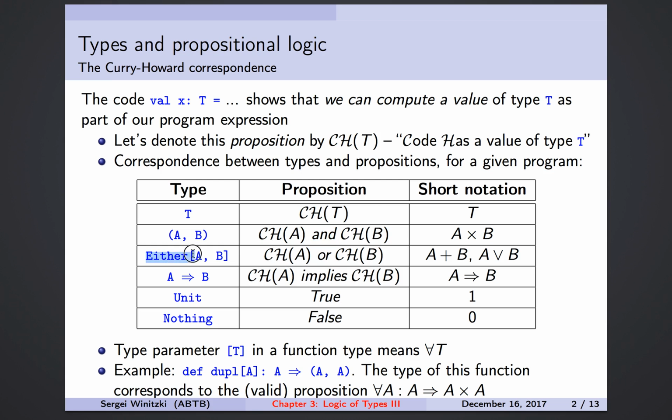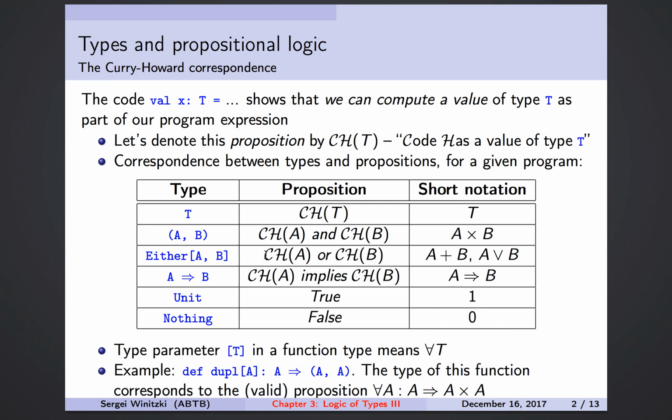The either type corresponds to the situation that you have computed maybe A or maybe B, but not both. You certainly have computed one of them, though. You just don't necessarily know which one.